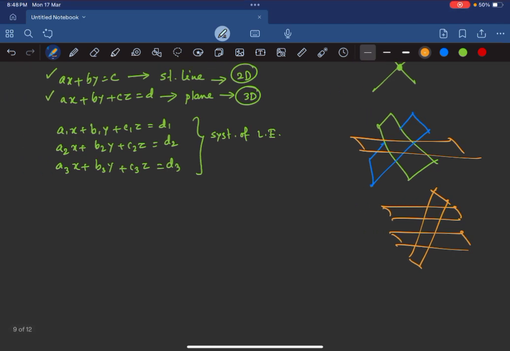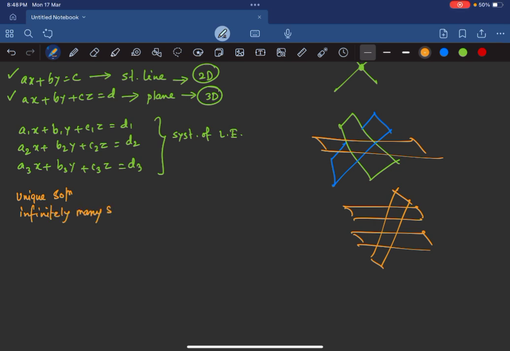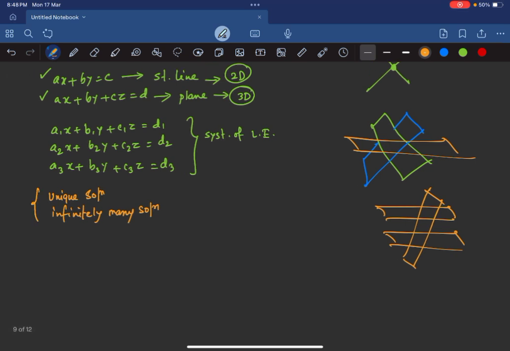That means whether a solution exists or not: a unique solution, or infinitely many solutions. If a solution exists, then you have these two cases, and the other is no solution.